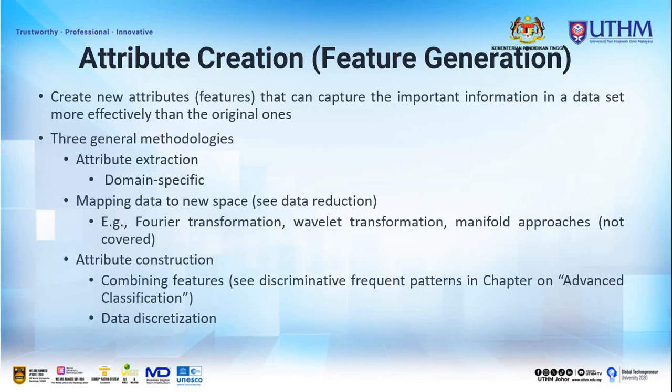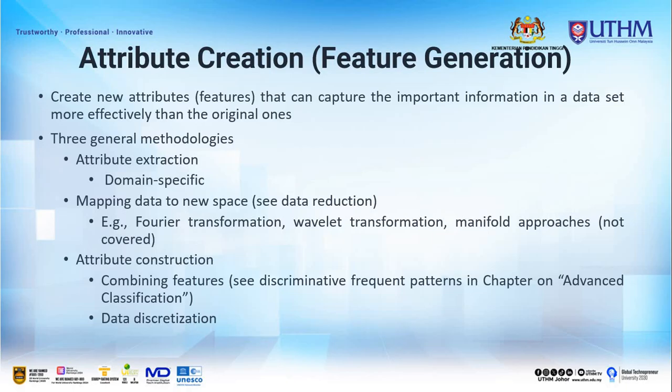First one is attribute extraction. These are techniques tailored to specific domains or applications. It's mapping data to a new space, which means transforming data into a different representation space to uncover hidden patterns.